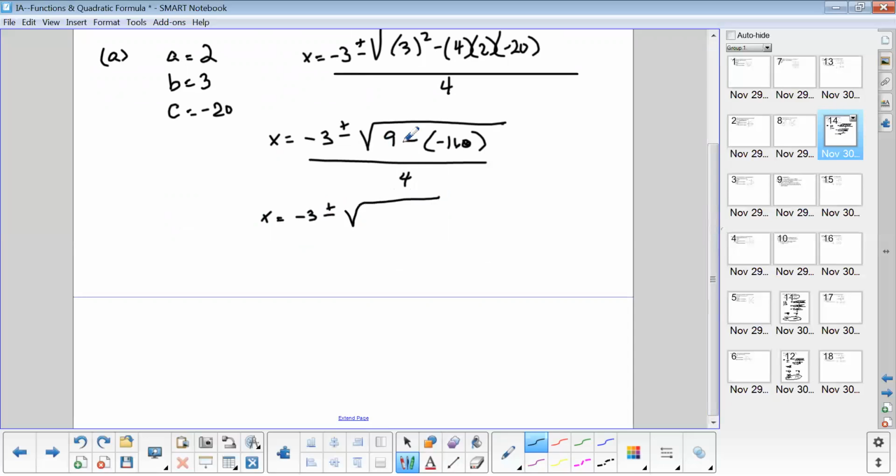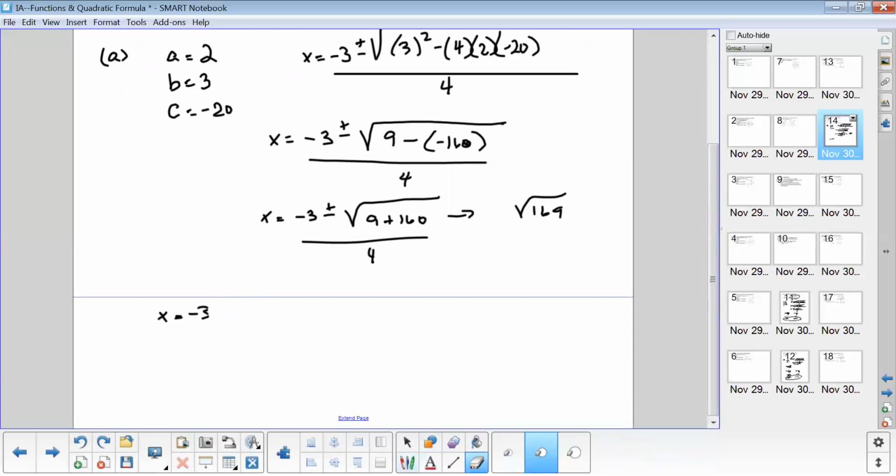This is going to be 9. Remember, subtracting a negative becomes a positive, so that's going to be 9 plus 160, which will give us 169. And the square root of 169 is a perfect square, so that's going to be plus and minus 13.